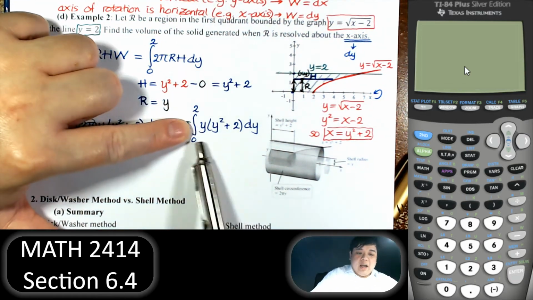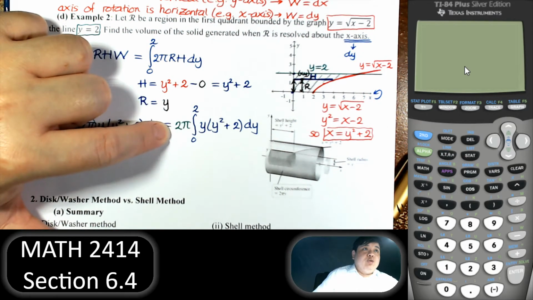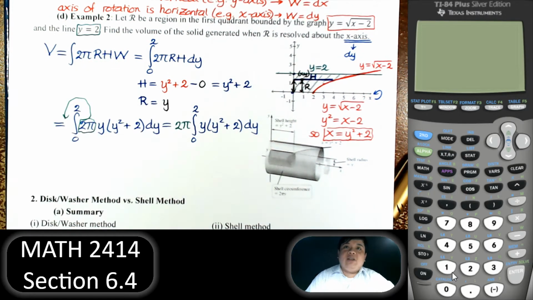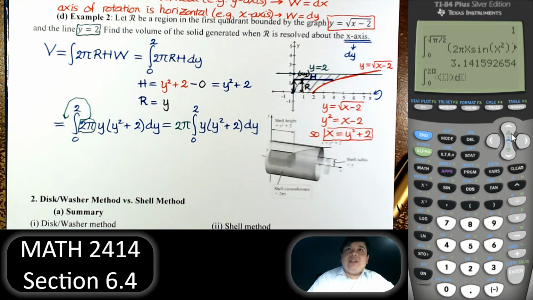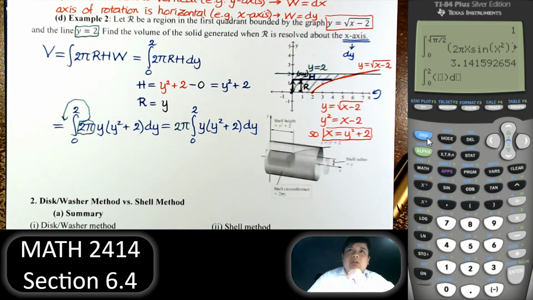And I'm just going to put that in the calculator at the end, multiply by 2 pi, and I should have the answer. Like I said, the focus in this section is not to integrate, but to set up the integral.